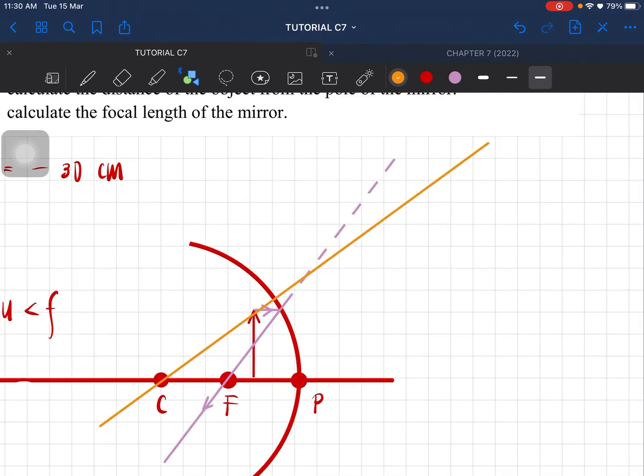I'm going to rearrange this so that we can get an exact point where they intersect.